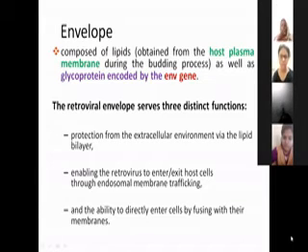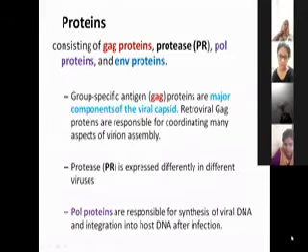It enables the retrovirus to enter and exit the host cell through the endosomal pathway. And it has the ability to directly enter the cell by fusing with their membranes.